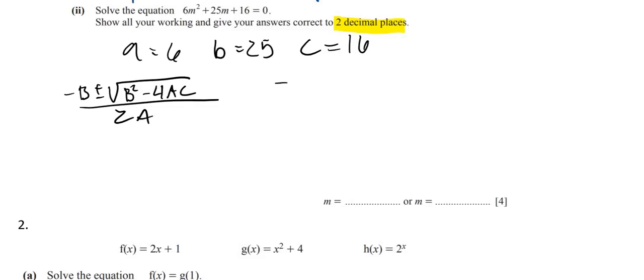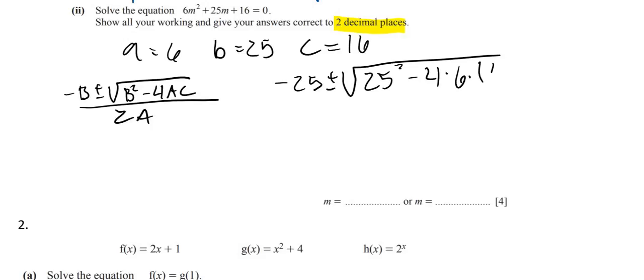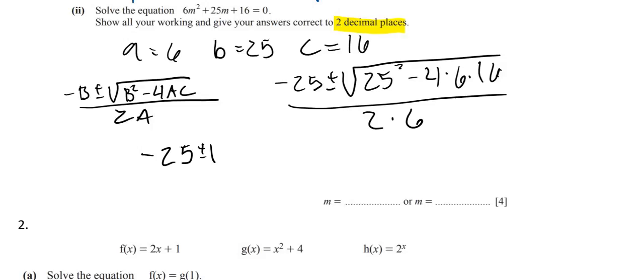Then what we end up with is negative 25 plus or minus the square root of 25 squared minus 4 times 6 times 16, divided by 2 times 6. Simplifying that, we get negative 25 plus or minus the square root of 241, and this is divided by 12.